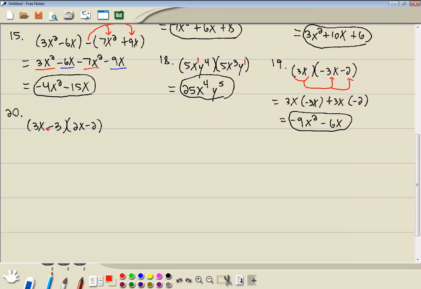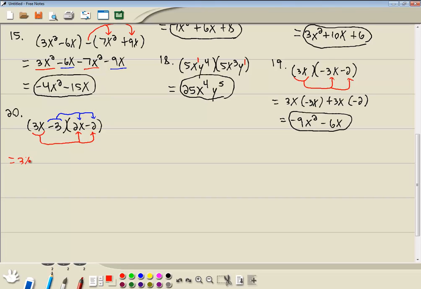We got a binomial here, 2 terms, and we got a binomial here, 2 terms. So I'm going to take my first term, the 3x, and I'll multiply it times the first term over here, and I'll multiply it times the second term. And then I'll take my second term in the first set of parentheses, and I'll multiply it times the first term over here and times the second term.